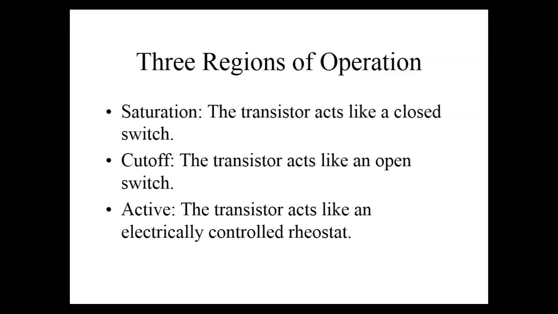You're controlling it with what? With base current, right? The more base current you put into it, the resistance of the transistor goes down. The less base current you put in it, the resistance of the transistor goes up. But we're controlling it electronically, not manually like you would do a rheostat.